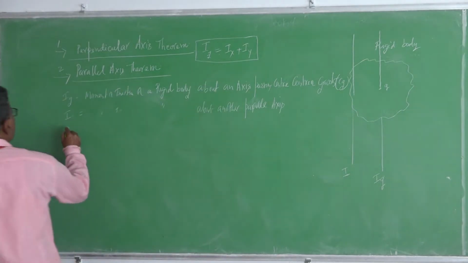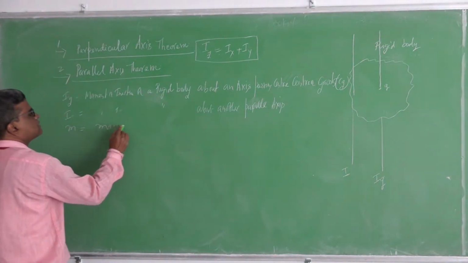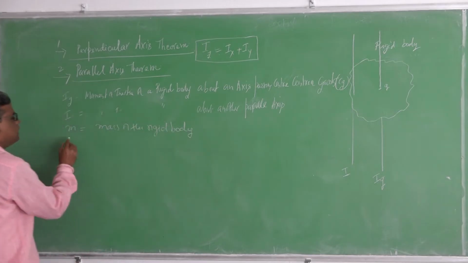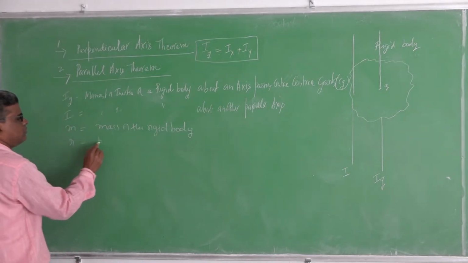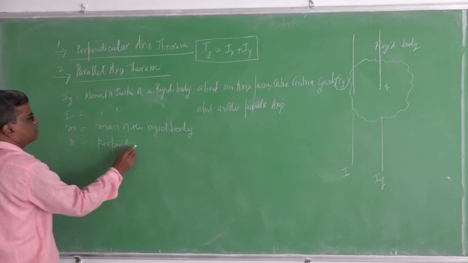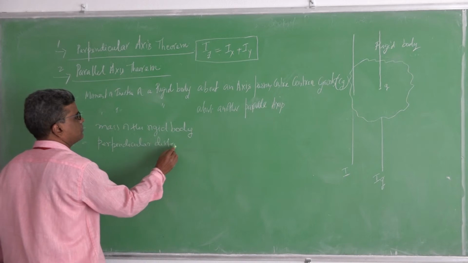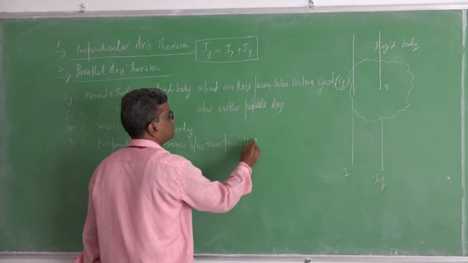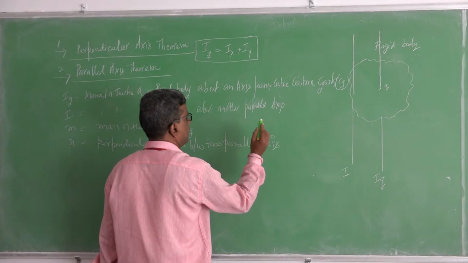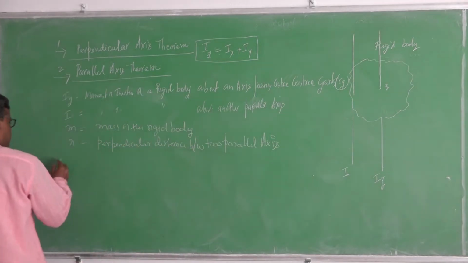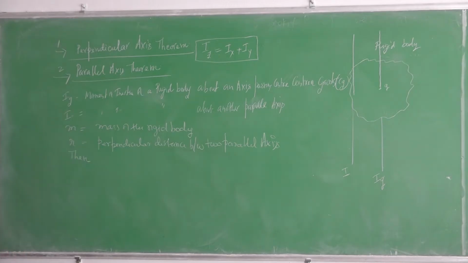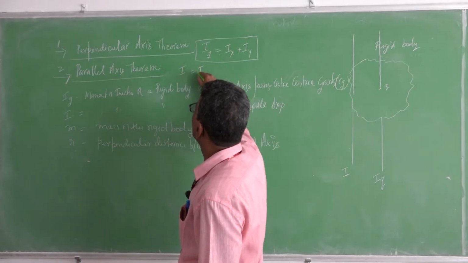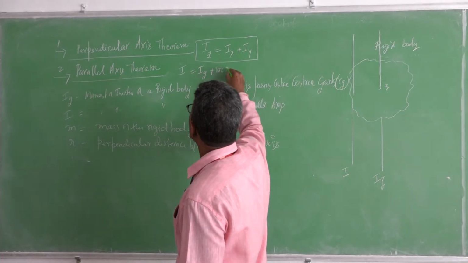Now, if m is the mass of the rigid body, and small r is the perpendicular distance between the two parallel axes, then this theorem says that I is equal to Iz plus mr square.